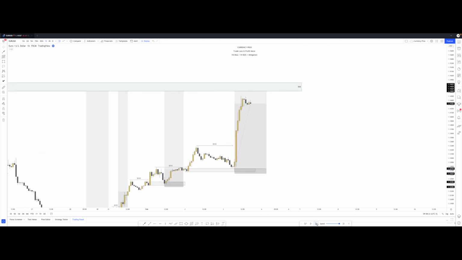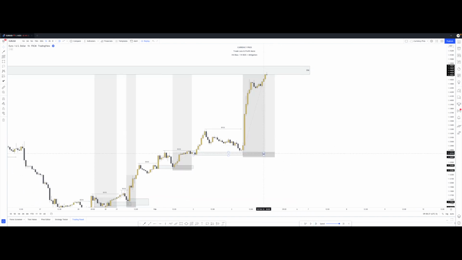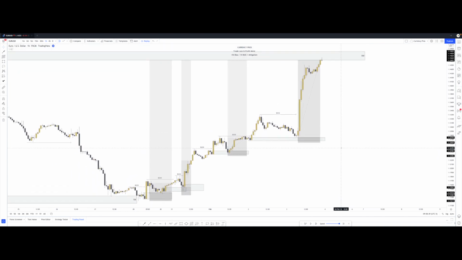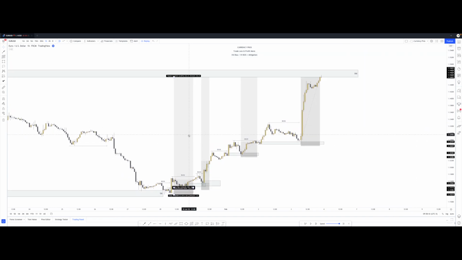Okay, almost at the take profit. Oh, there we go. Let me break out my calculator here quickly, because this is absurd profit. So we have 16.07. We have 16.25.